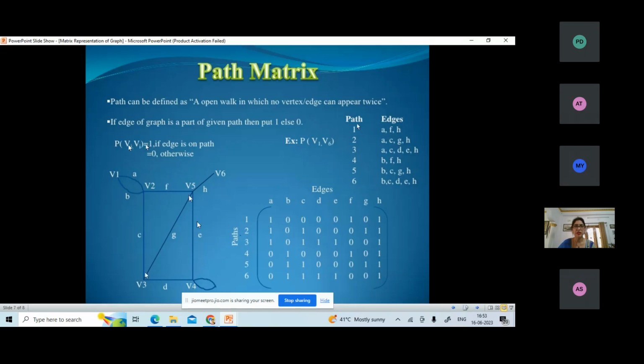This is the matrix representation of the path matrix, paths and edges: path 1, path 2, path 3, path 4, path 5. For the path A, F, J the entries are 1 and the rest are all 0. Same for path 2, path 3, path 4, path 5, path 6.